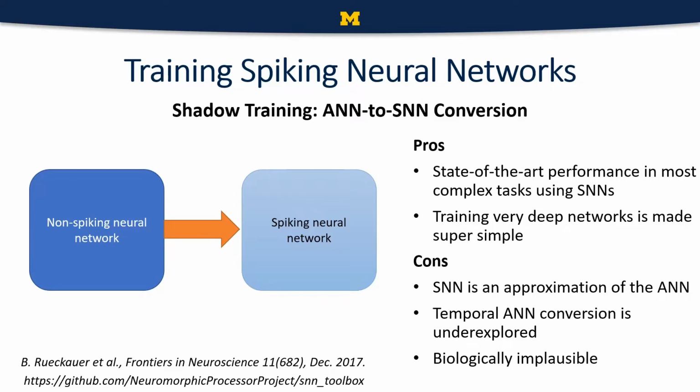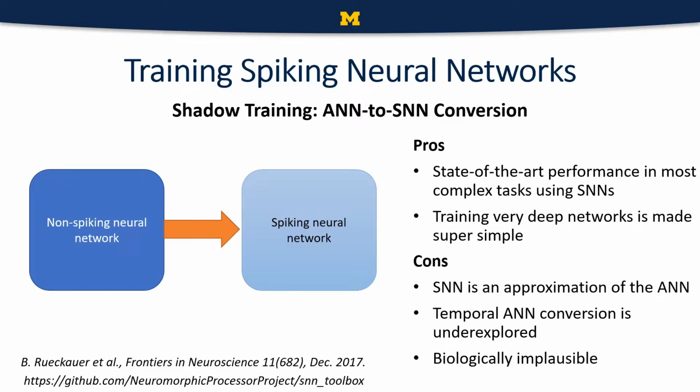So my spikes are never going to perform as well as a conventional artificial neural net. That leads to a lot of people being skeptical about spiking neural networks. Additionally, another drawback of this approach is that temporal conversion is underexplored. Another thing, and I don't really care about this final issue, but it's worth listing there.